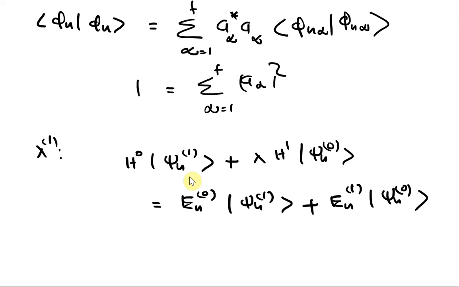This is nothing but phi n, and we have to substitute whatever we obtained for this in terms of degenerate states.